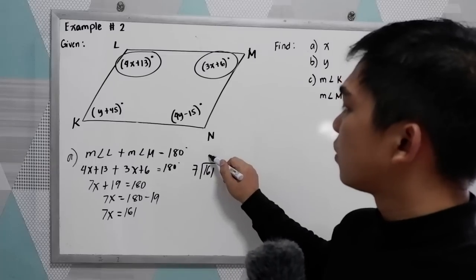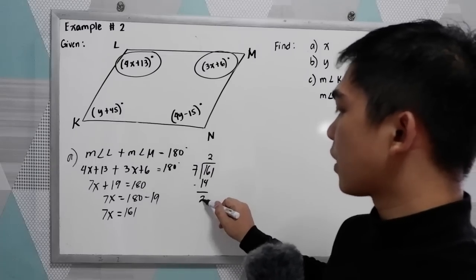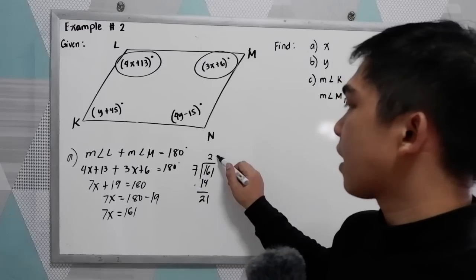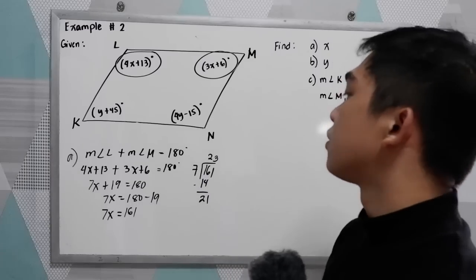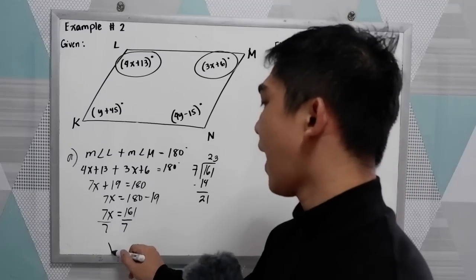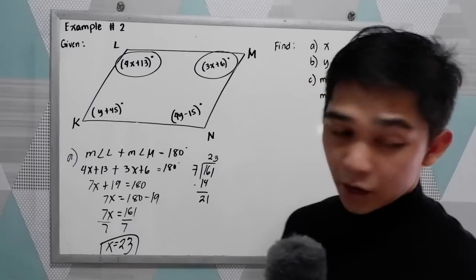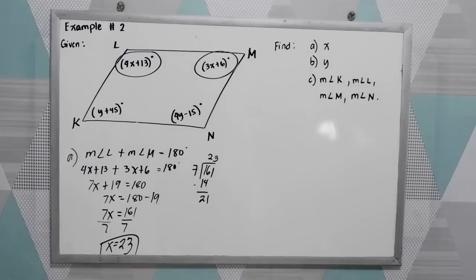So we have 2 times 7, 14. Subtract, 21. So 21 divided by 7, we have 3. So 7, 14, 21, 23. So divide by 7, x is equal to 23. Okay, x is equal to 23.